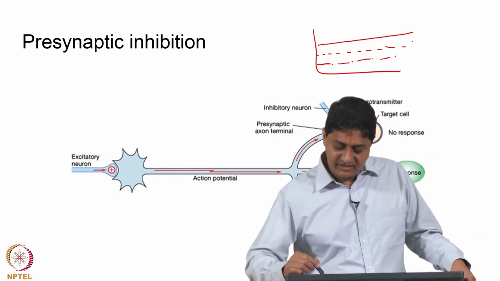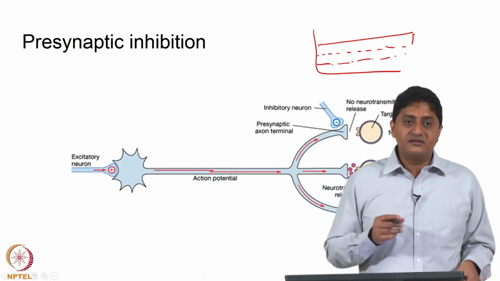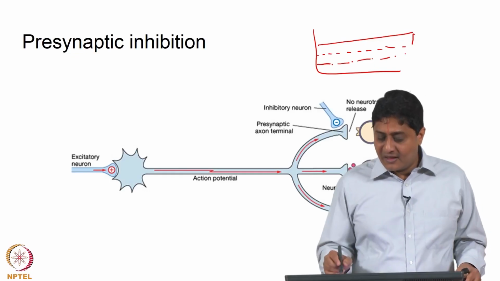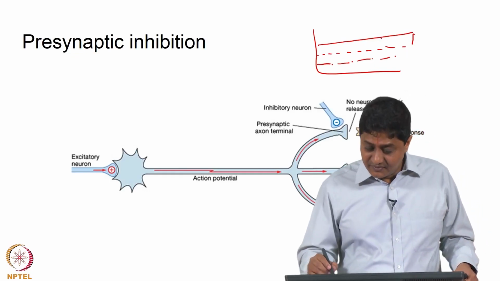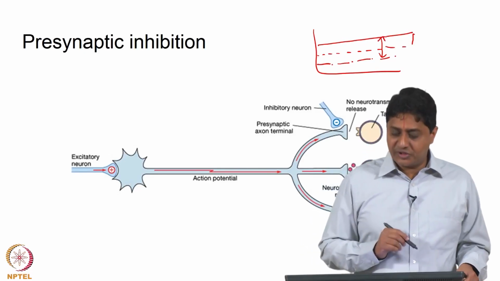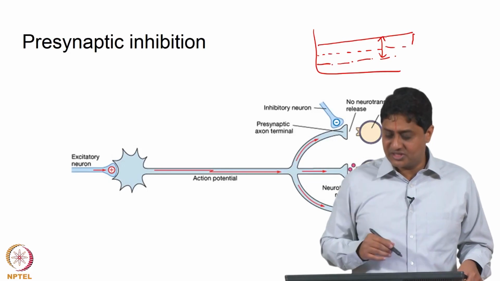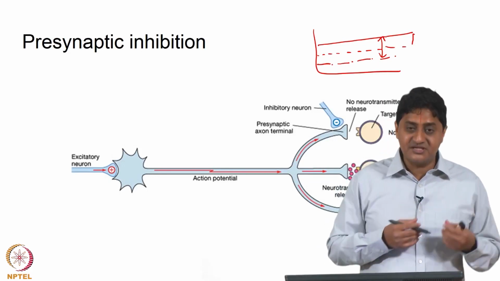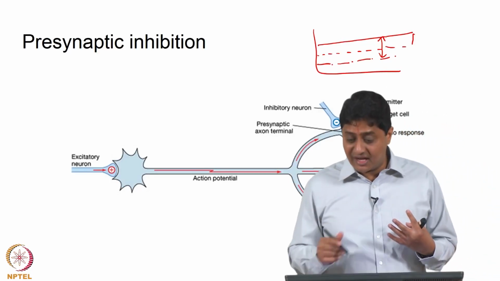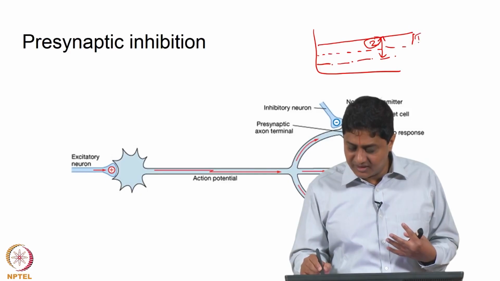In this case the difference in the potential is smaller, so the number of calcium channels that will open is smaller, whereas in this case the difference between the membrane potential and the earlier resting membrane potential is larger. So, the number of calcium channels that will open will be larger, and the amount of influx of calcium will be larger in this case, which I am going to call case 2, and this I am going to call case 1.